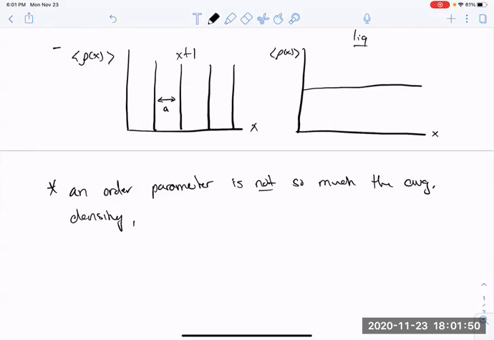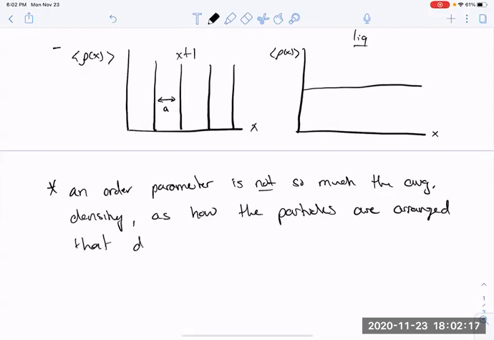How is the density spatially modulated? That's really what differentiates a liquid from a crystal.